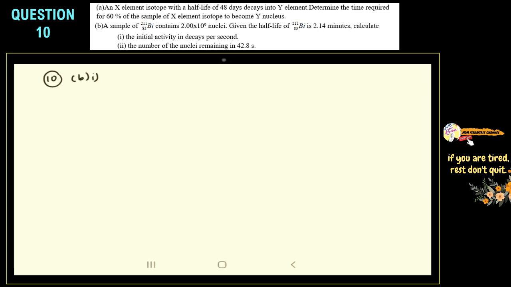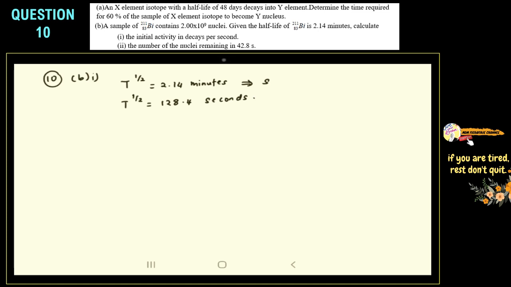So we need to find the initial activity A0, and the unit must be in decays per second. So let's write the half-life. T is equal to 2.14 minutes, and we want to change to seconds. Therefore, the half-life is equal to 128.4 seconds. Kira ya macam mana cara nak tukar kepada seconds tu.